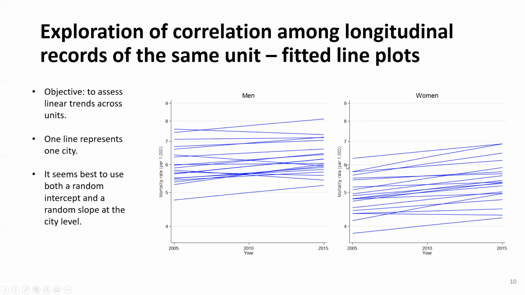Women are somewhat lower compared to men. And in the trajectory, some cities are moving up, some moving down. So this implies it is better to use a random intercept as well as a random slope to capture these city-specific trends for men and women.